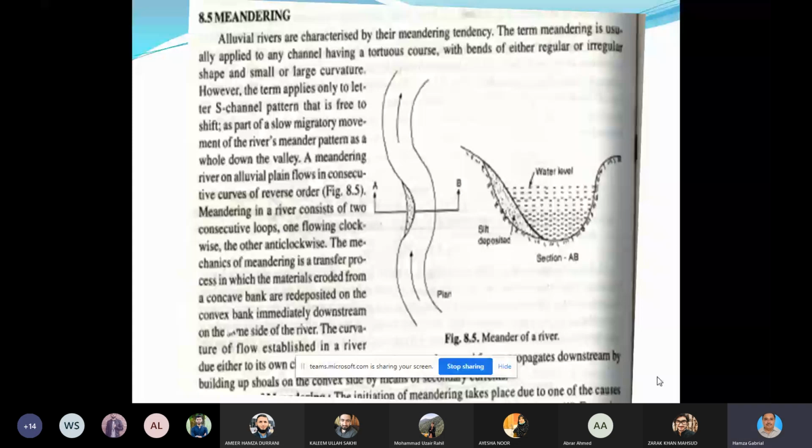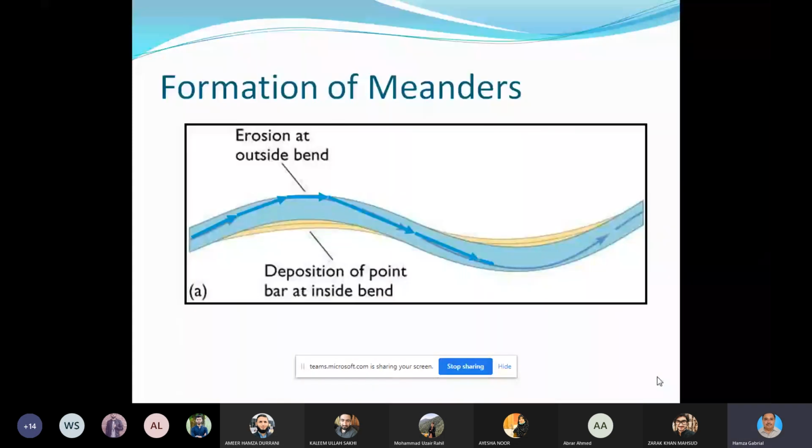So here you can see the illustration of formation of meanders. Erosion taking place at the concave or the outer bend, and the deposition taking place on the inner or the convex side.